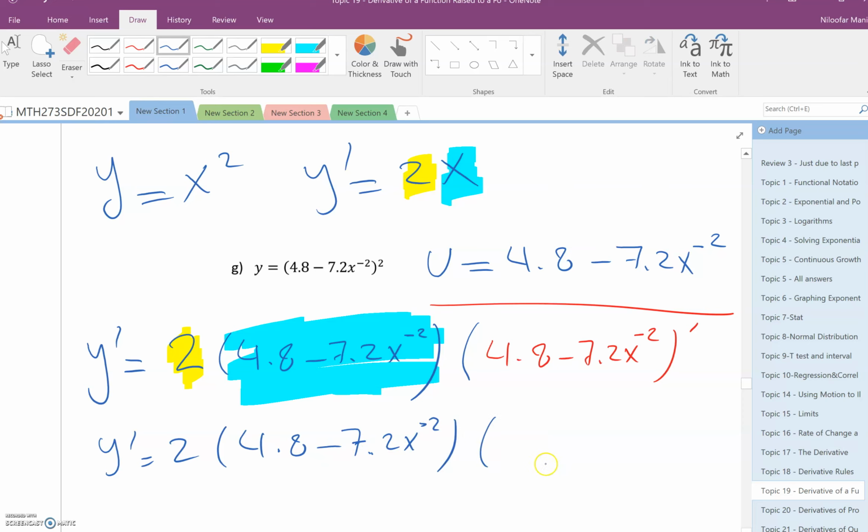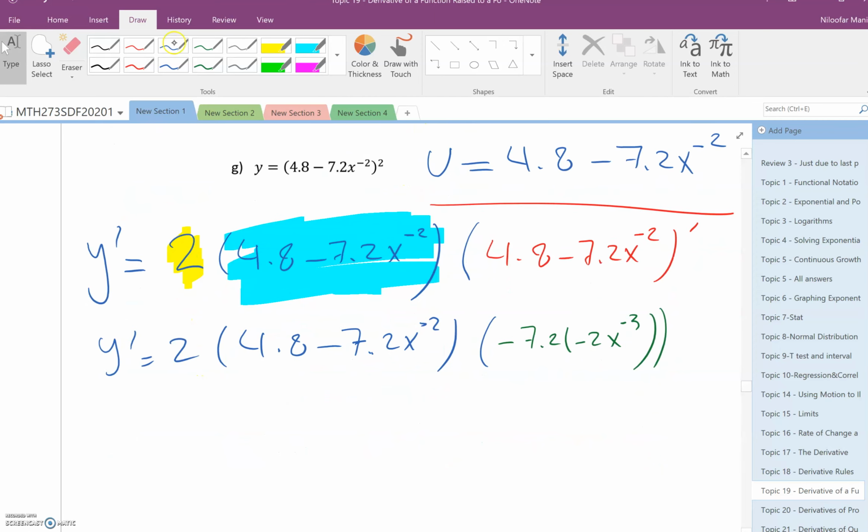Derivative of inside is, tell me. I wish you could tell me, okay? So minus 7.2 times minus 2x to the power minus 3, right? Because it's n x to the power n minus 1, and here n is minus 2, so minus 2 minus 1 is minus 3.